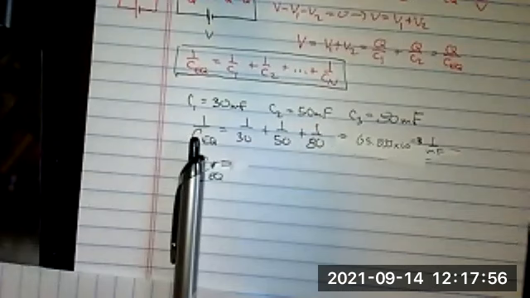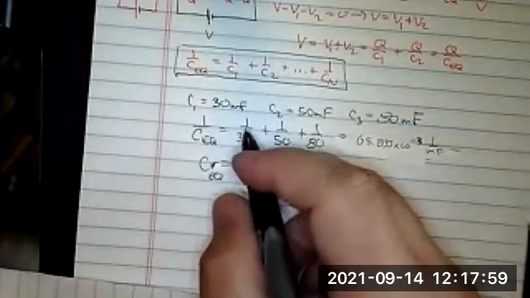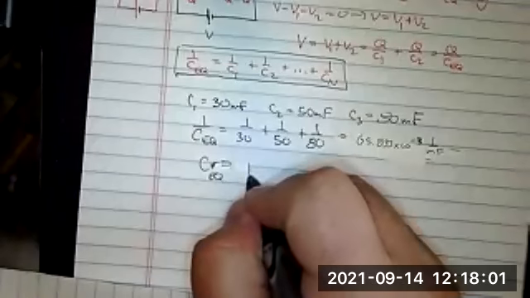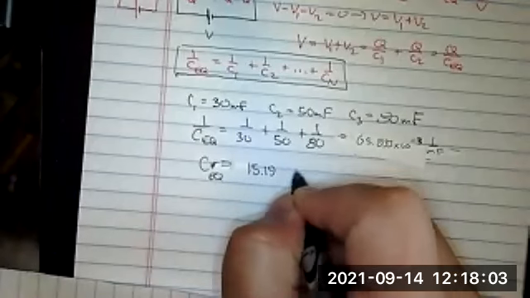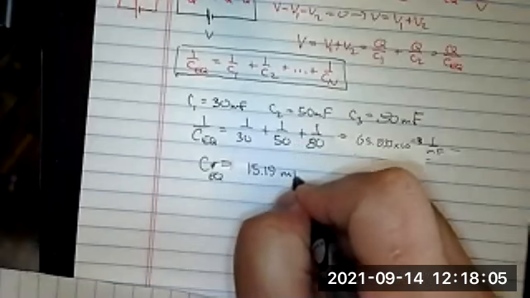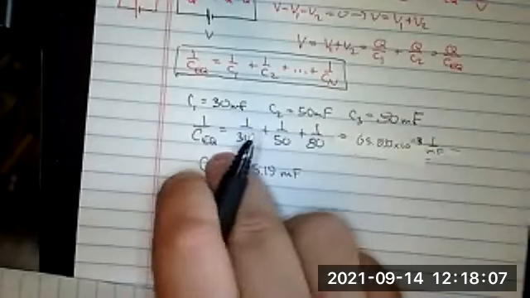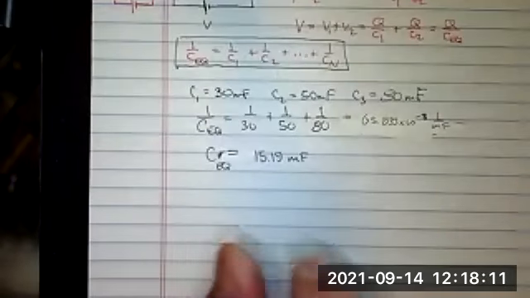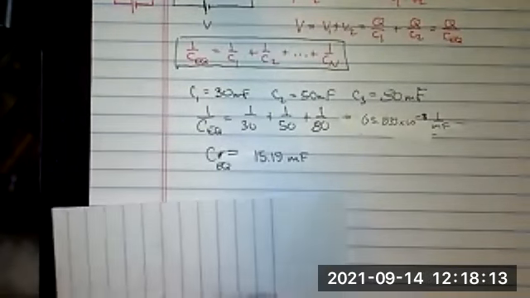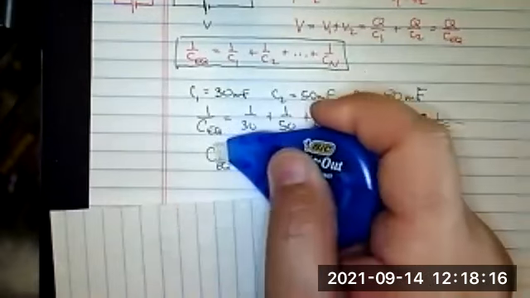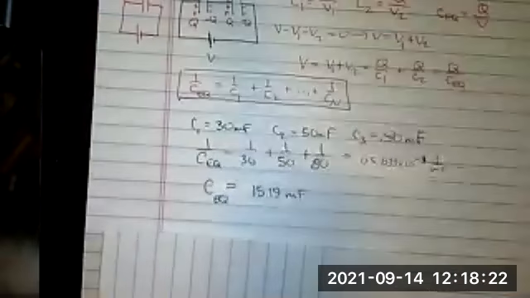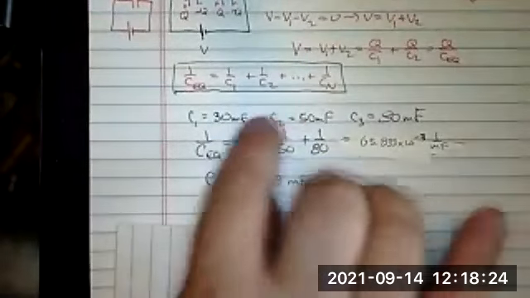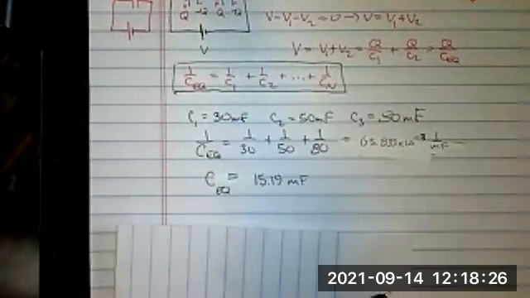And that's 15.19 microfarads. Notice that is in fact smaller than each individual capacitance. That was what I was trying to stress. When this formula comes up, you get a result that's always going to be smaller than any one of the single results. So the equivalent capacitance to replace the 3 in a circuit is going to be smaller than the 30, the 50, or the 80.